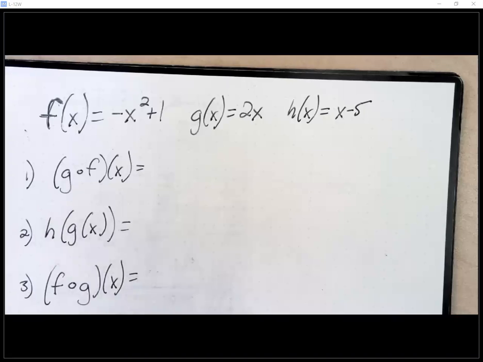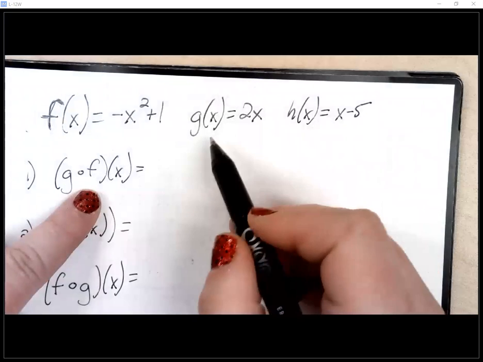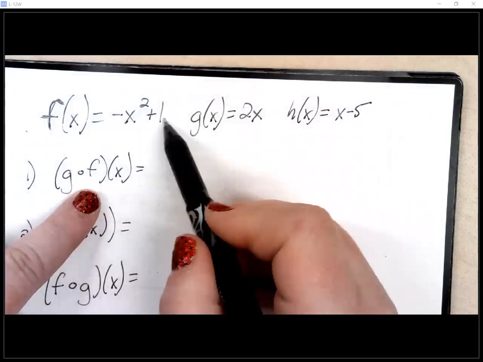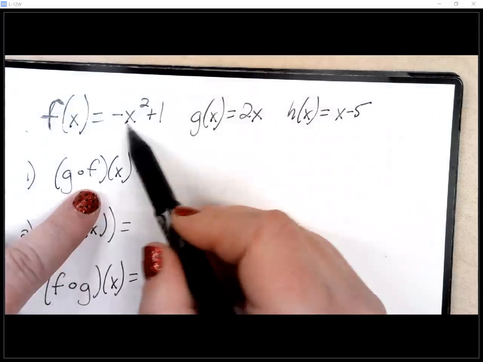All right, who's got number 1? Jimmy, go ahead. I agree with you. So again, I'm going to take that f function. Guys, are you listening? Take that f function and I'm going to bring it over to the g.